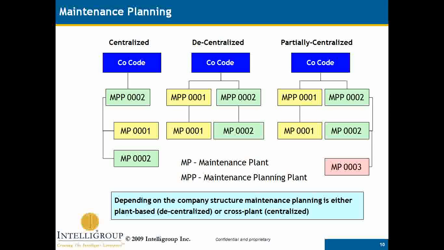So we have planning plant 002 under a company code, and for these two plants, MP001 and MP002, the planning activities are done by the planning plant, MPP 002.